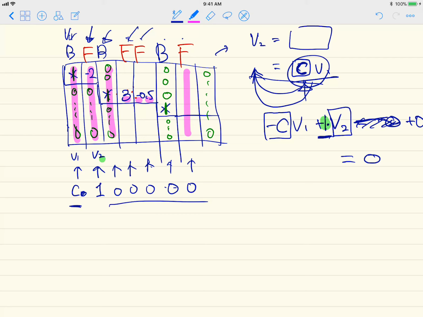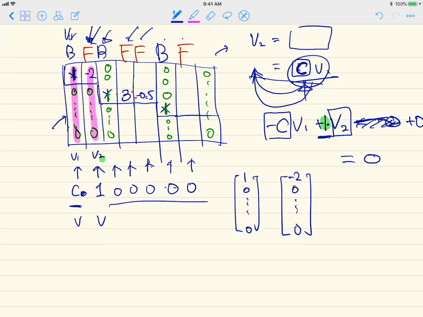So we can just ignore these 5 other variables and focus on these 2 vectors. The first vector is this guy, which is our pivot column. And what is the second vector? In this case, it's negative 2, 0 and 0, right?